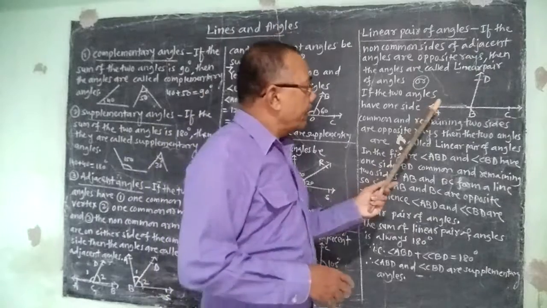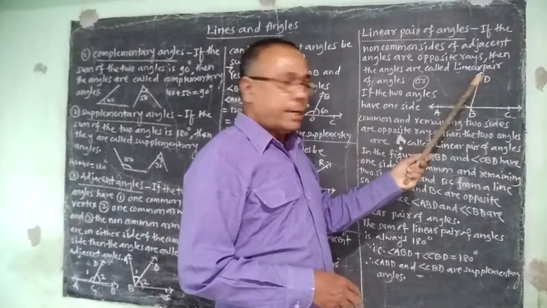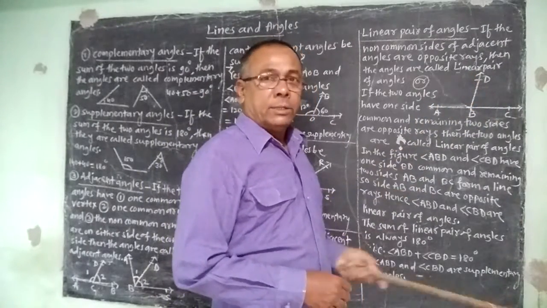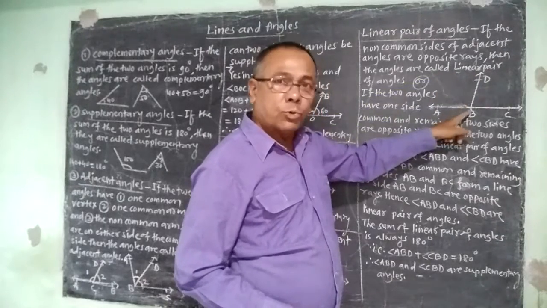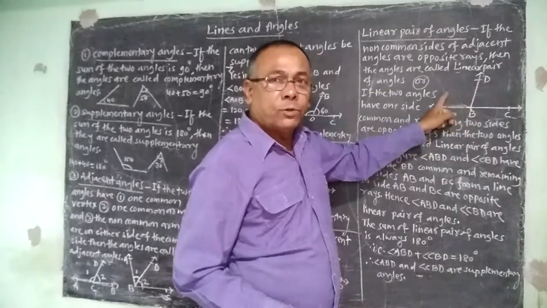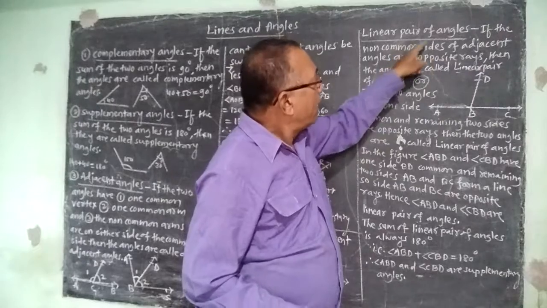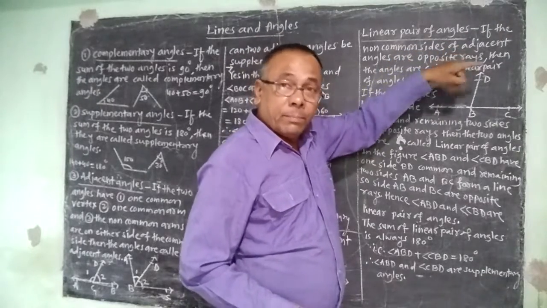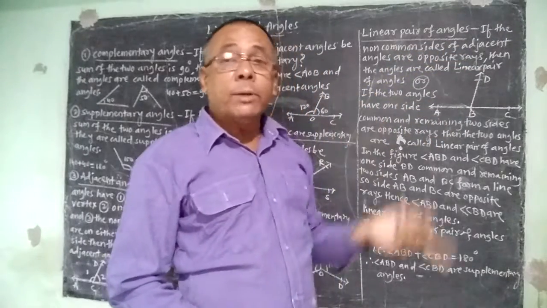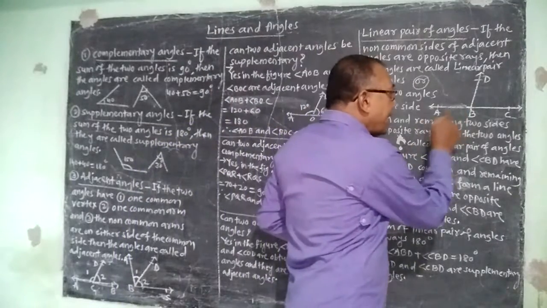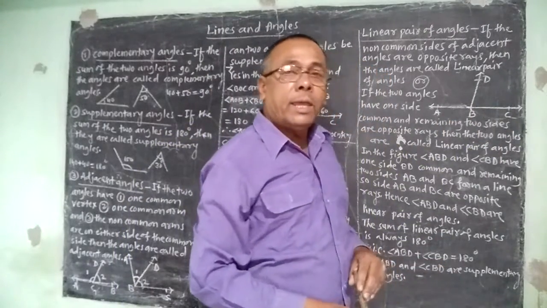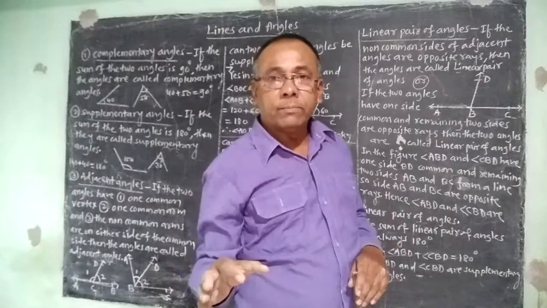Here it is seen that ABD and CBD, these two angles have one side common, the vertex B is also common, and therefore the two angles are adjacent angles. But the non-common arms or sides BA and BC are opposite rays.